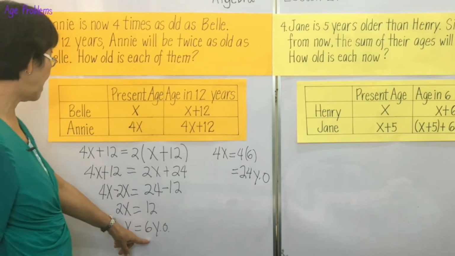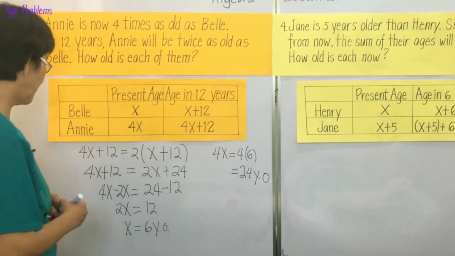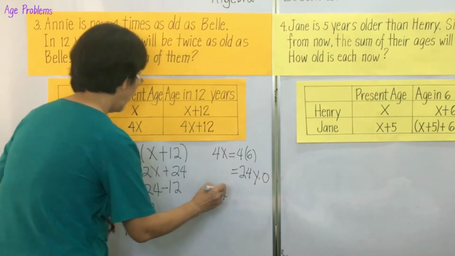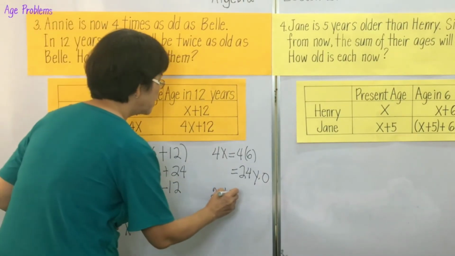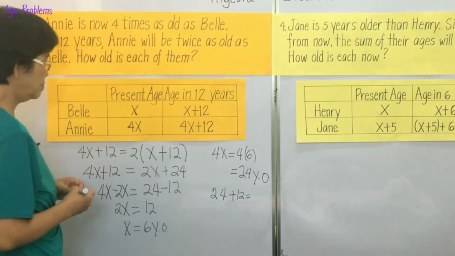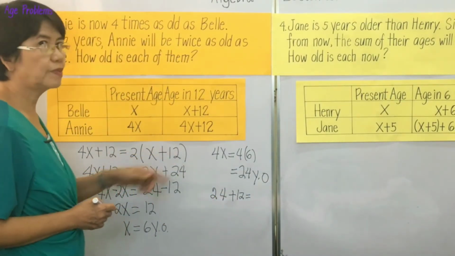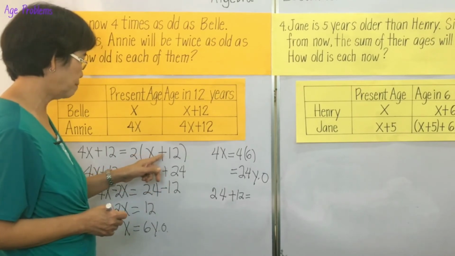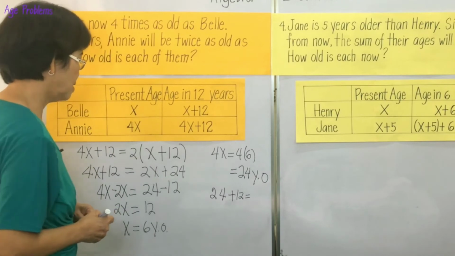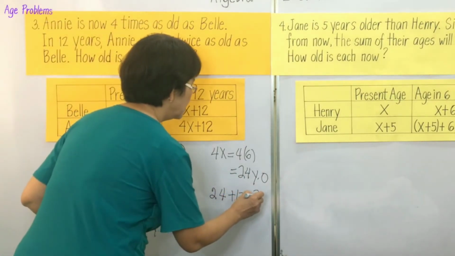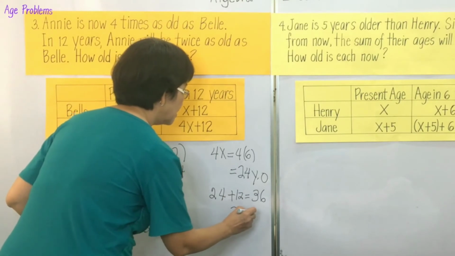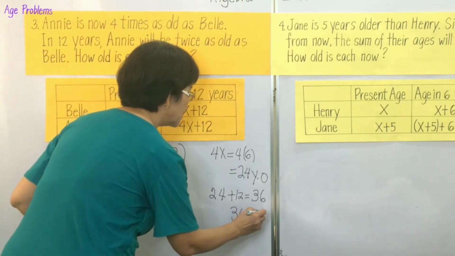Substituting the value of x, we have 4 times 6, which is 24, plus 12 equals 2 times x plus 12, so that's 6 plus 12 is 18, times 2 is equal to 36. So 36 equals 36.